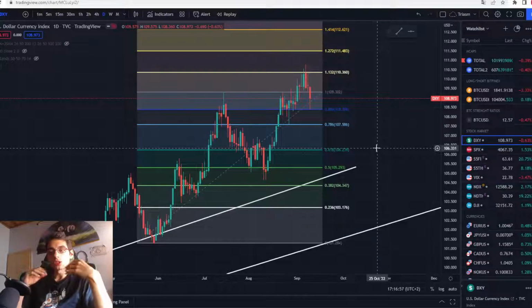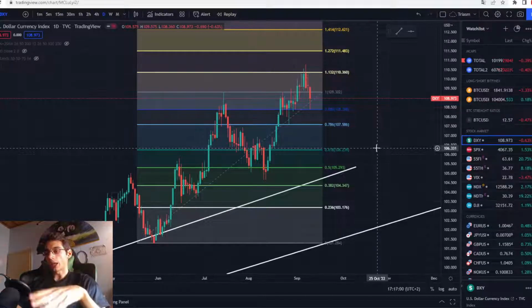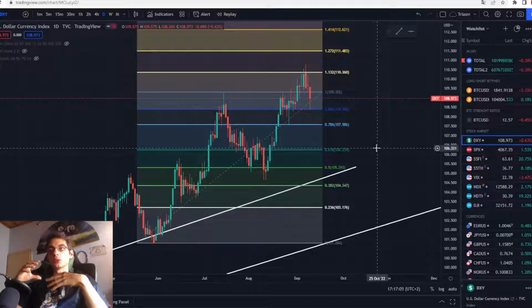I'm saying this because it will be a long way until we have the macro environment and micro opportunity that will lead risk-on assets like Bitcoin and the stock market to go up. Meanwhile, the dollar will weaken and they will start printing again. So I'm not making that much of a bull case right now: still bearish for the short term and bullish in the long term.